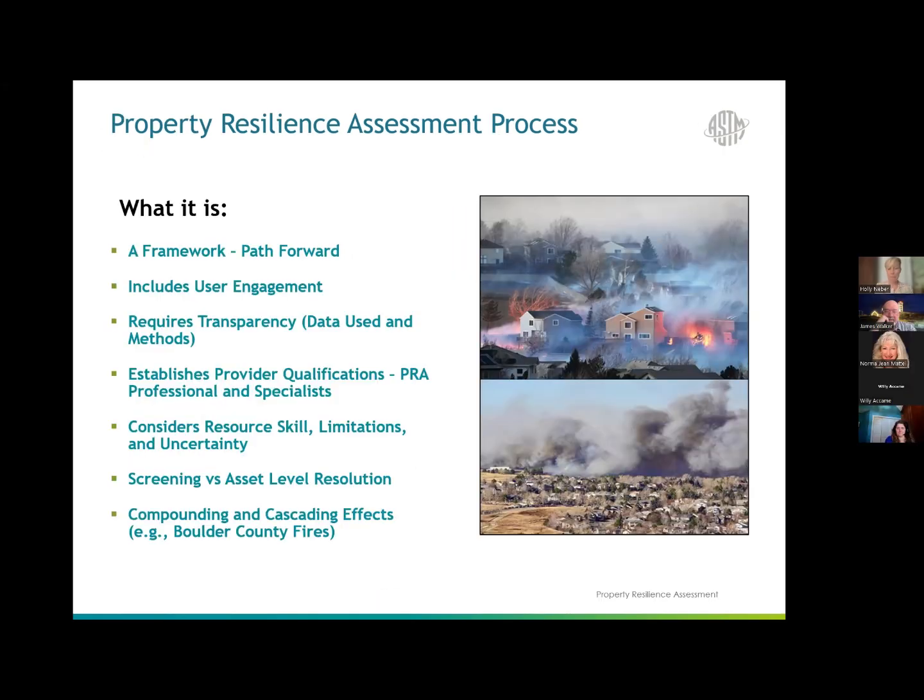I think that one of the main things about this PRA, as we call it, is that it's a framework, right? It isn't a procedure that lays out step by step how to do something. It's not a cookbook. And we made a conscious effort not to make it a cookbook and a procedure because there's a lot of R&D going on right now.